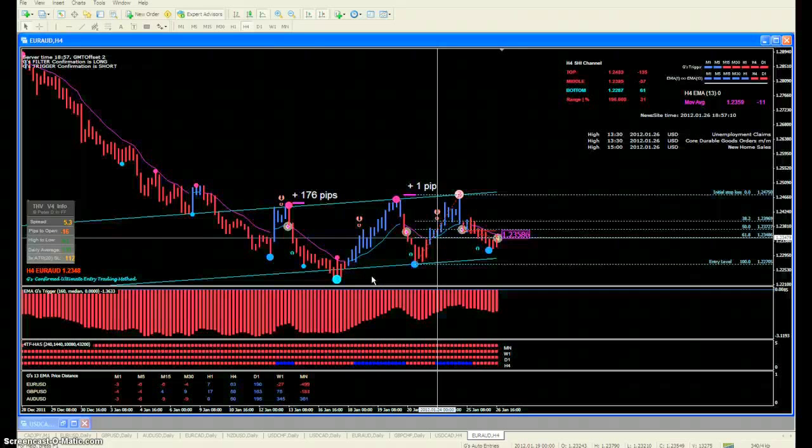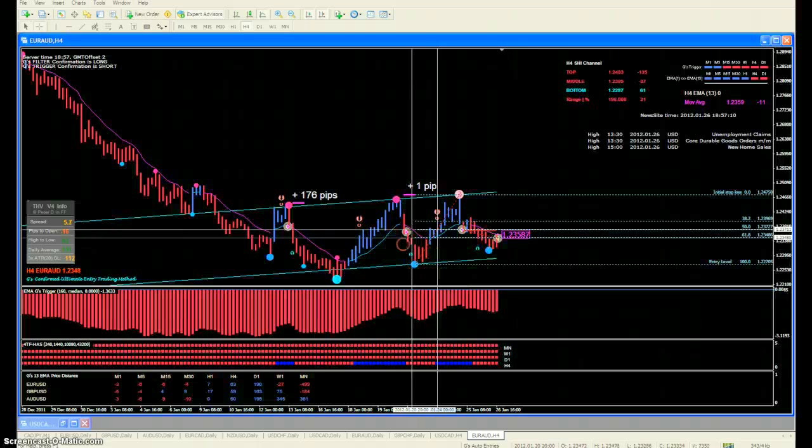I often will look at the way that the swings are moving to get an idea of whether or not we're going to have the momentum that we need to give us the continuation on these trades when they do set up.